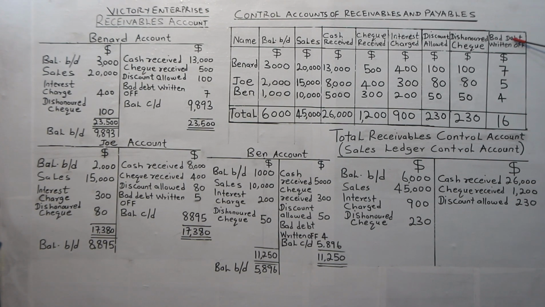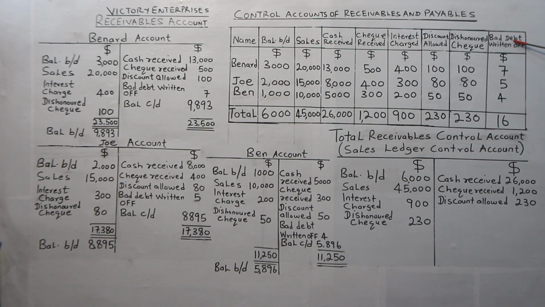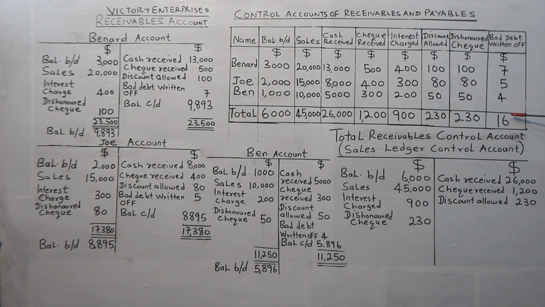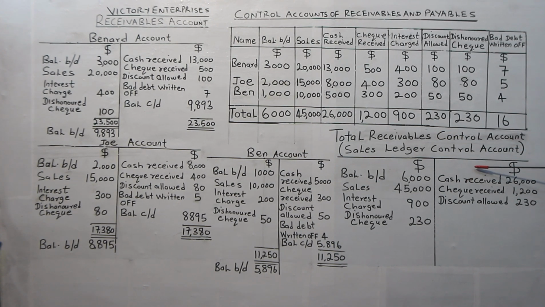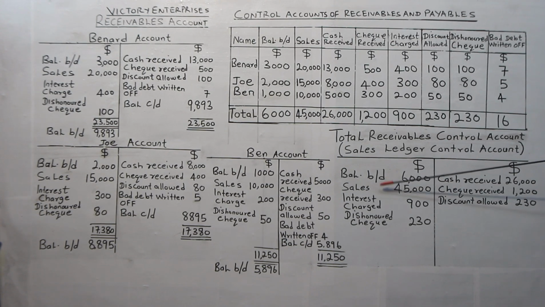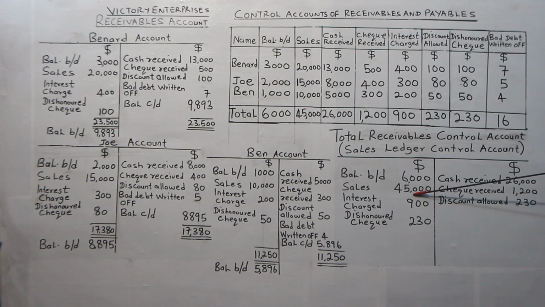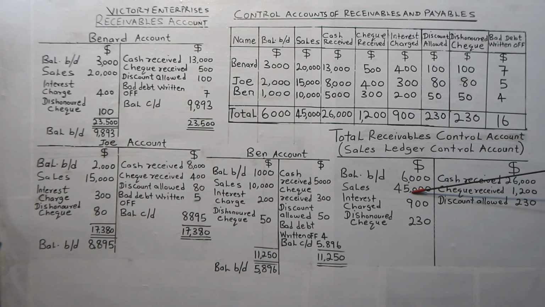The final transaction in this table is bad debt written off, and the total is $16. When bad debts are cancelled or written off for receivables, it reduces the amount they are owing and has to be what? Credited. Because some of the goods sold to them, there are many receivables that make up this $45,000 credit sales.